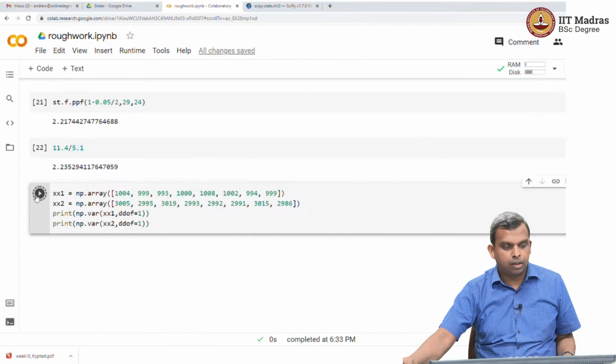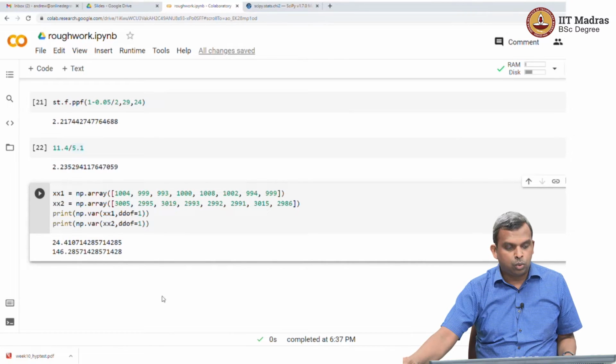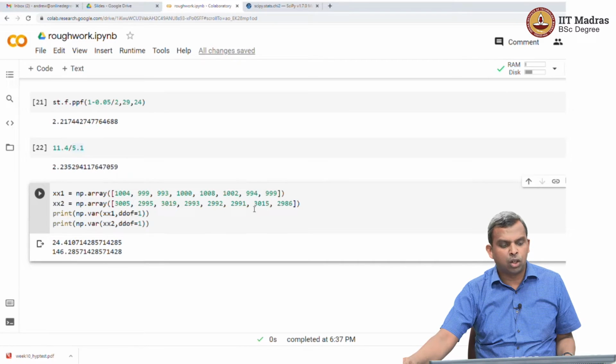This should give us the two variances, which come out hugely different. One is 24.41, the other is 146.28. There are some values around 15 and all that, so it sort of makes sense.